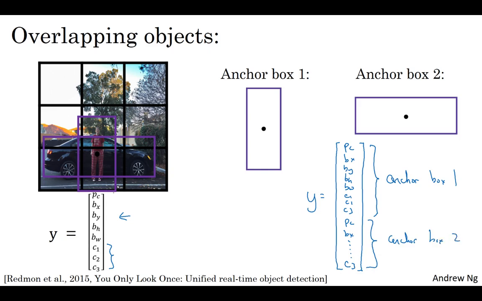Because the shape of the pedestrian is more similar to the shape of anchor box 1 than anchor box 2, you can use these 8 numbers to encode that PC is 1.